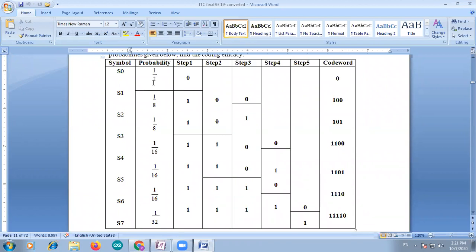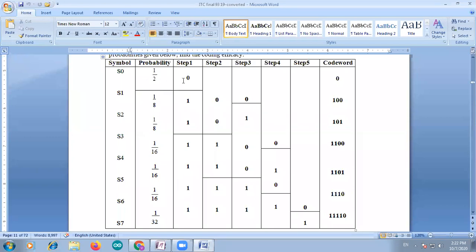Draw the line as the first step, separating two groups. The first group is a single symbol; the remaining group is 6 symbols. Above the line, 0 is assigned. Below the line, 1 is assigned.